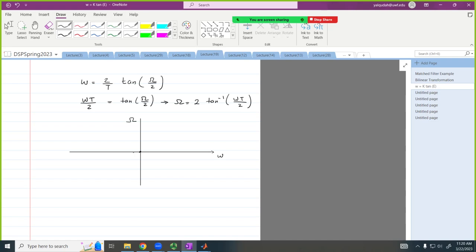Pi. So when I am at infinity, omega is going to equal pi, because the tangent of pi over 2 is equal to infinity. When omega is equal to pi, W is equal to infinity. And between them, the curve is going to look something like this.